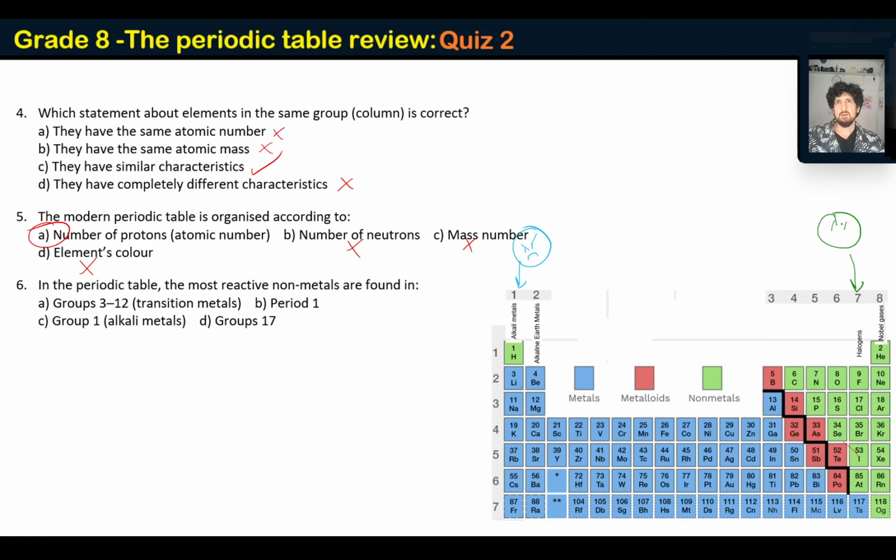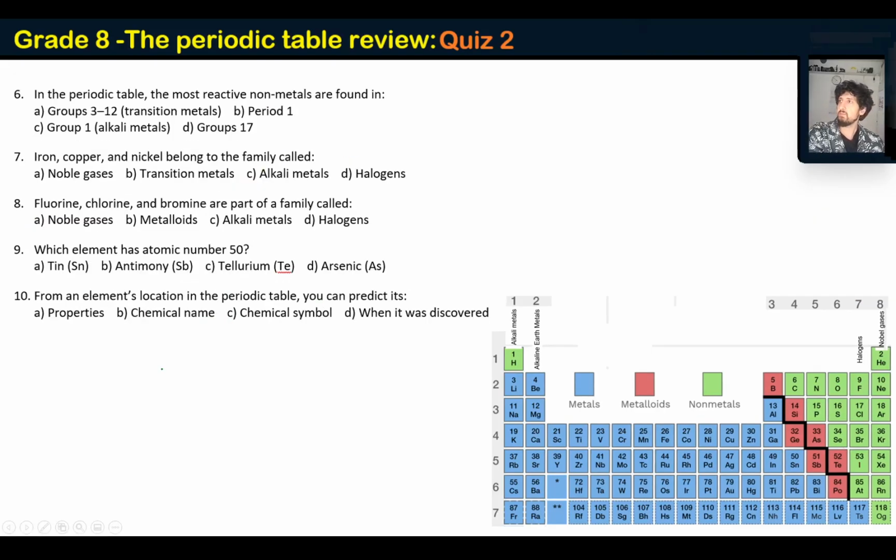Okay? And nonmetals, metals are boys, nonmetals are girls. Don't ask me why, I just made it up. Okay. Right? So the most reactive nonmetals, well, that's group 17 or group 7. Group 17. Let's keep going.